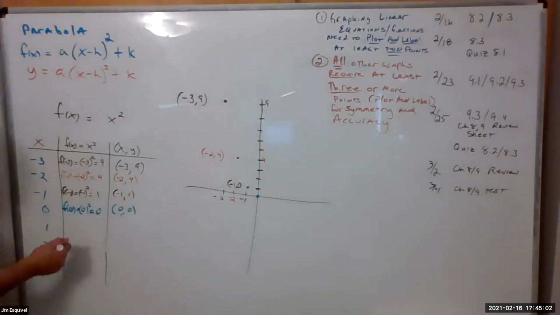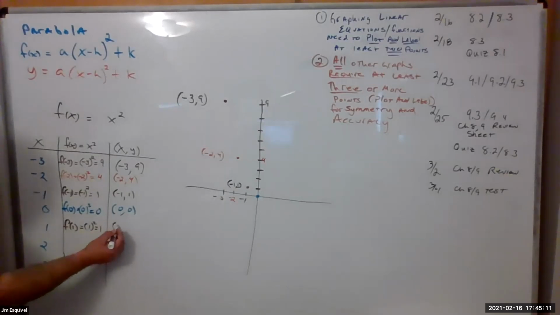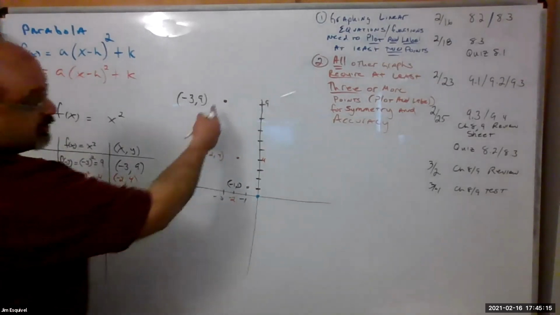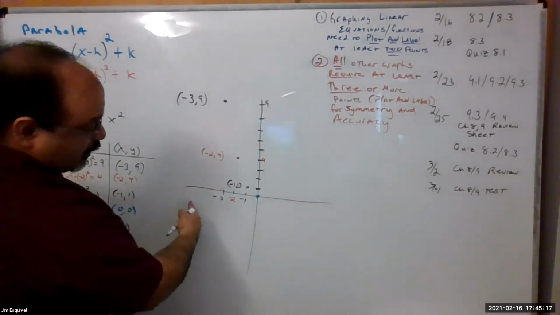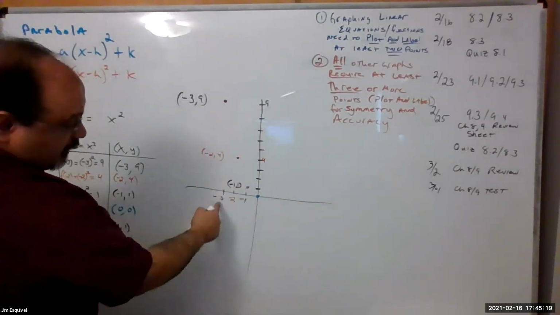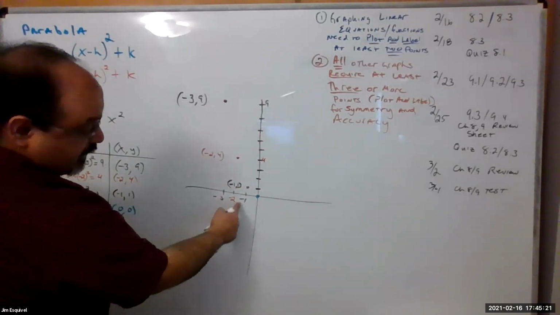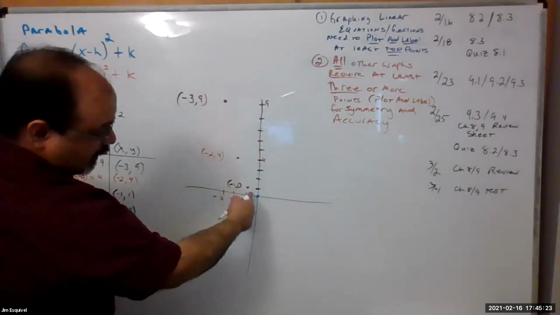When we plug in 1, f of 1. So that's 1 squared. 1 times 1 is 1. When you plug in 1, we get 1. So here's what's been happening as we go from left to right and we plug in x's that get bigger, the y values get smaller.